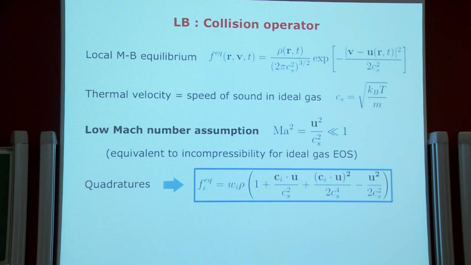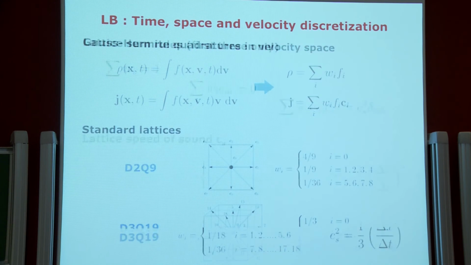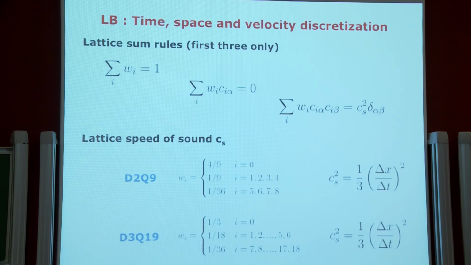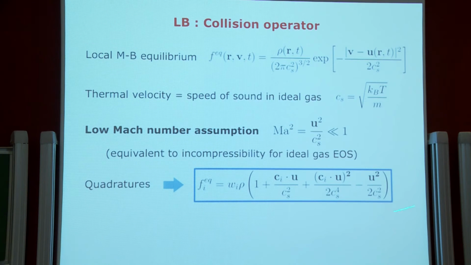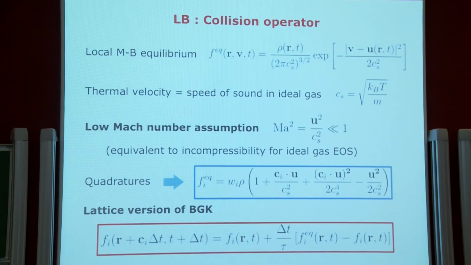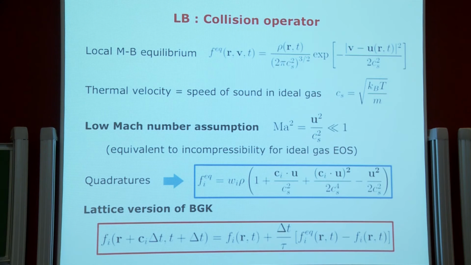So in practice, if you know the populations Fi at a given node, you can compute the moments rho and j, and since j is simply rho times the velocity, you can compute the local velocity u, from which you can compute the equilibrium population towards which you want to relax. And this gives you the final version of the Lattice-Boltzmann algorithm that corresponds to the BGK collision operator.